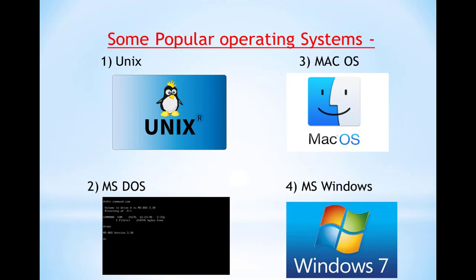Now we will read about some popular operating systems. Our first operating system is Unix. Unix is a family of multitasking, multi-user computer operating systems.